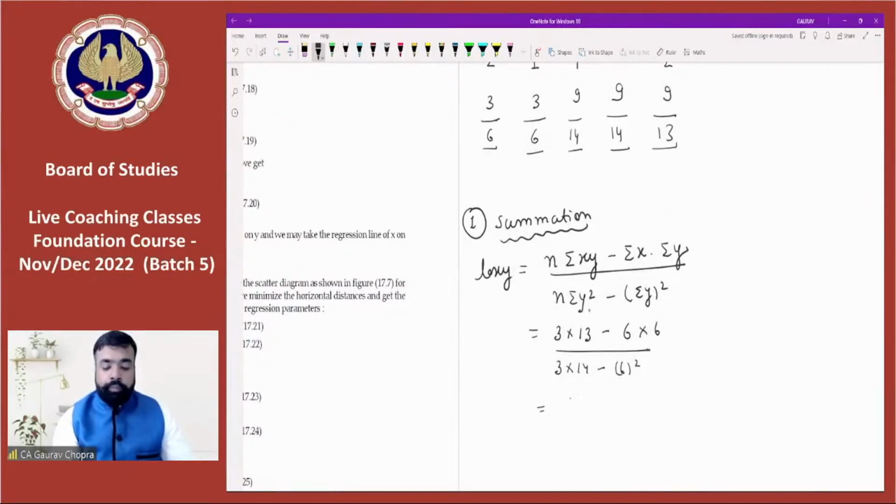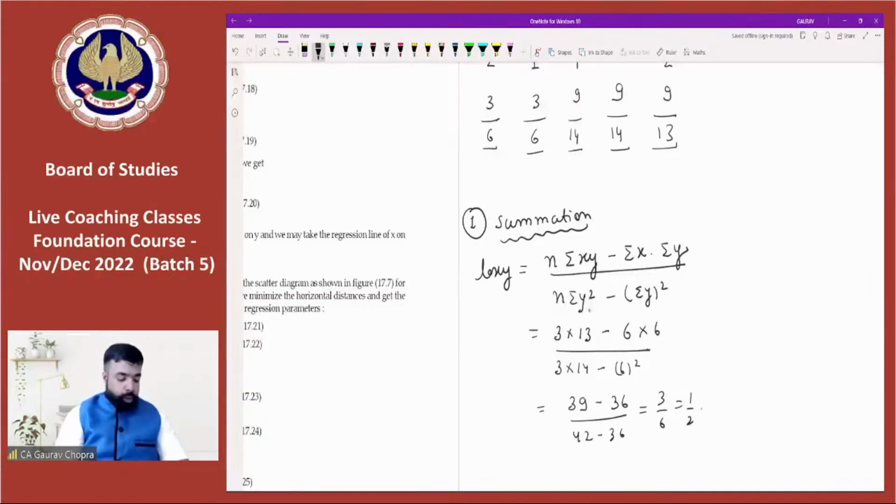So how much will come? 39 minus 36 upon 42 minus 36. 3 upon 6, that is 1 by 2. So bxy here is 1 by 2.